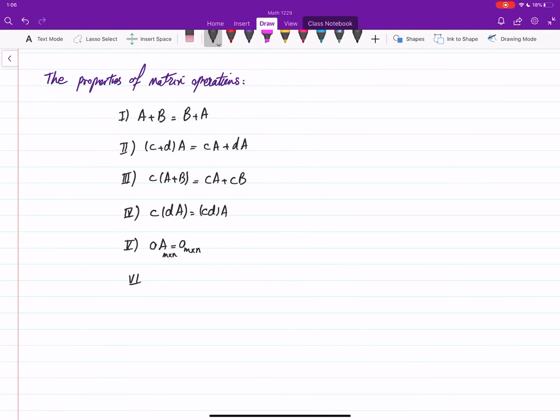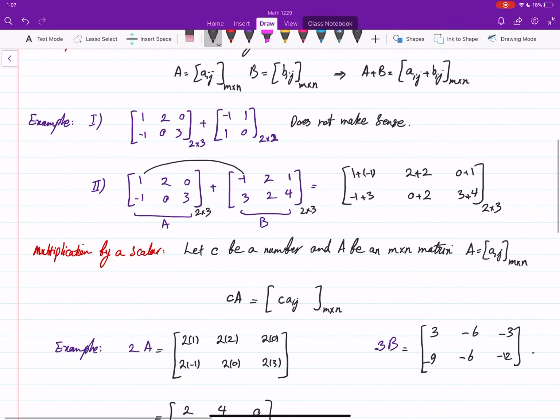And the last thing is that if you add A to its negative, you get the 0 matrix. So if you start with m by n, you will end up with m by n 0 matrix. So these are the basic properties.